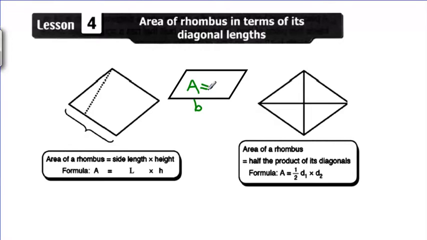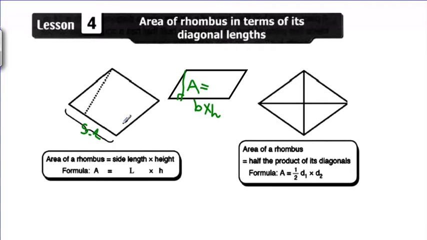Yes, base times height. This is the height. And in the rhombus, the base will be equal to the side length. Why? Because all bases are equal, so each base can be considered as a side, okay?